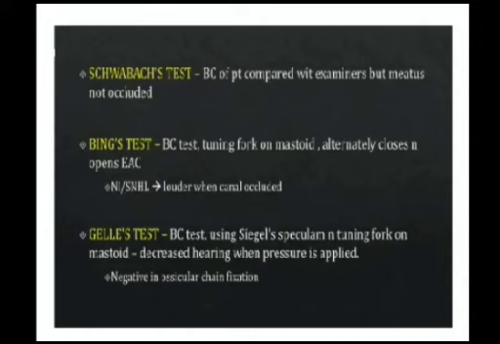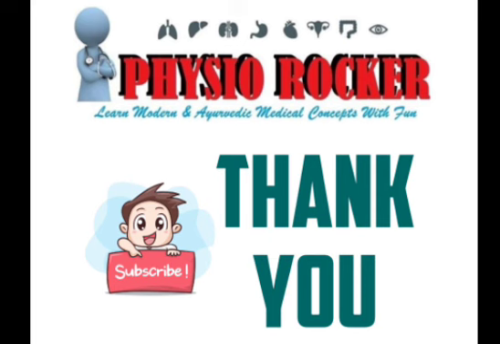Another test is Gelle's test, which also comes under BC tests. By using Siegel's speculum with a tuning fork on the mastoid, the hearing will be decreased when pressure is applied. That means negative in ossicular chain fixation. So thank you everyone.